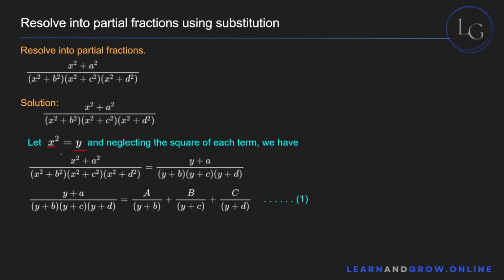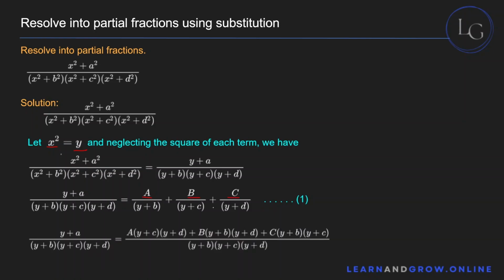Now we need to find the values of uppercase A, uppercase B, and uppercase C. So you'll take the LCM of these three partial fractions. So A will be multiplied with y plus c and y plus d, B will be multiplied with y plus b and y plus d, and C will be multiplied with y plus b and y plus c.